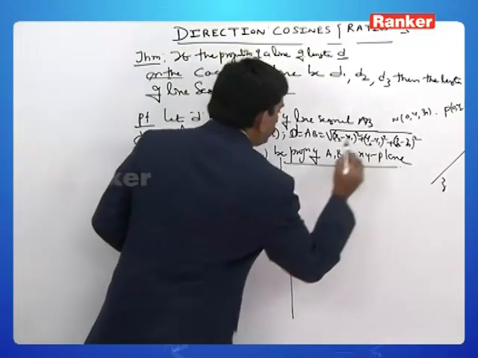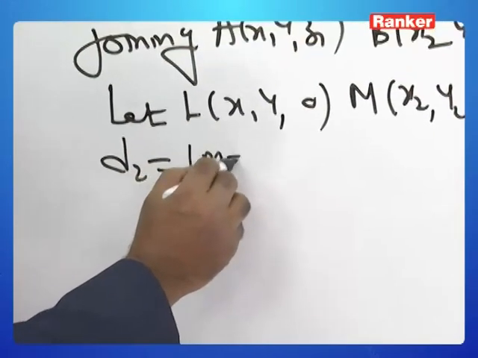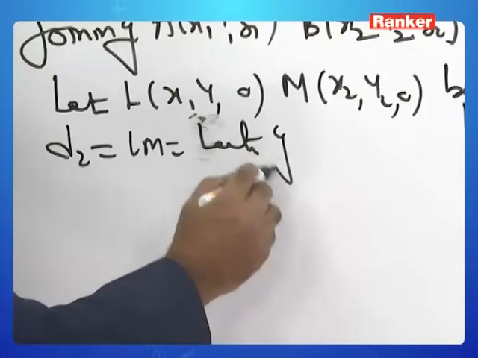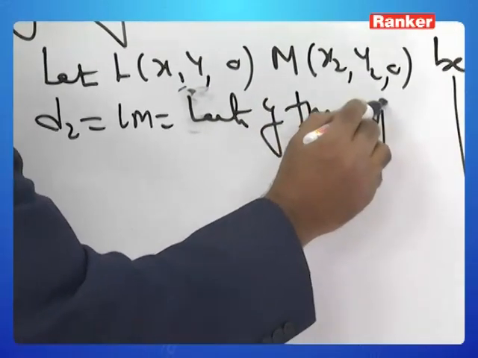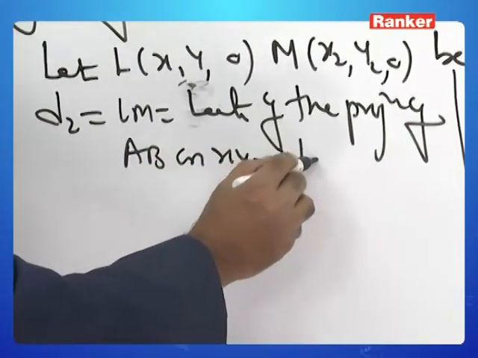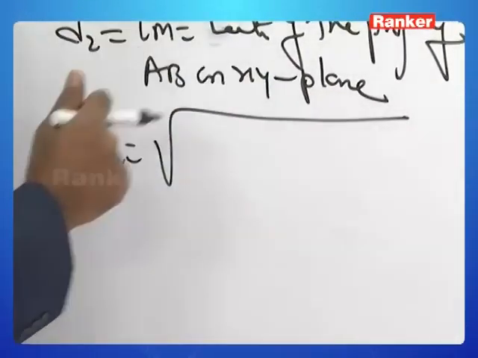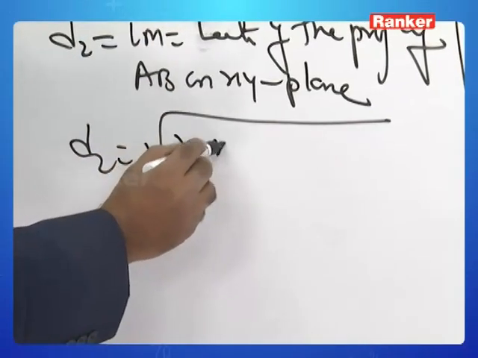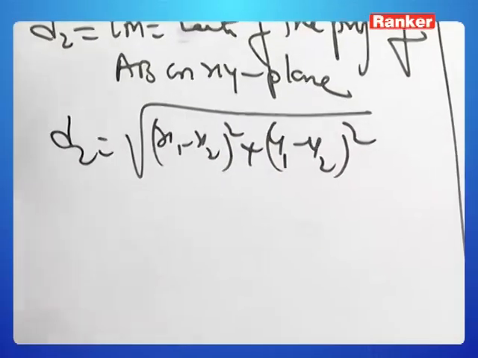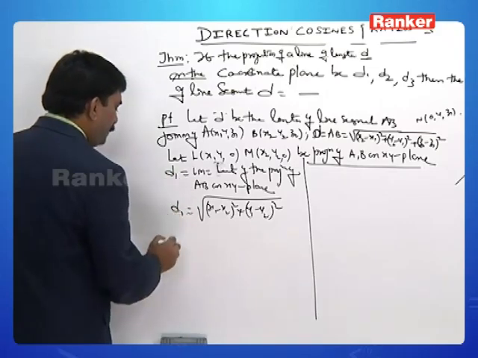Now coming to the xy plane, d1 is equal to LM, the length of the projection of AB on the xy plane. Therefore, d1 is the distance between L and M, the square root of x1 minus x2 whole square plus y1 minus y2 whole square.